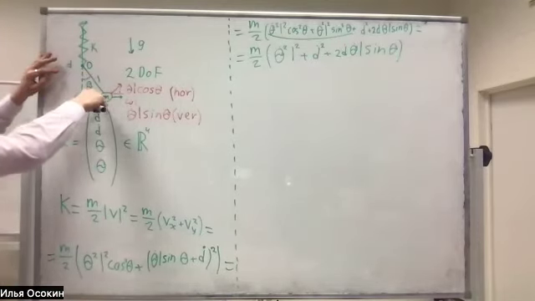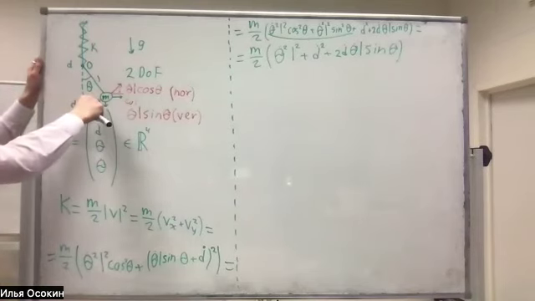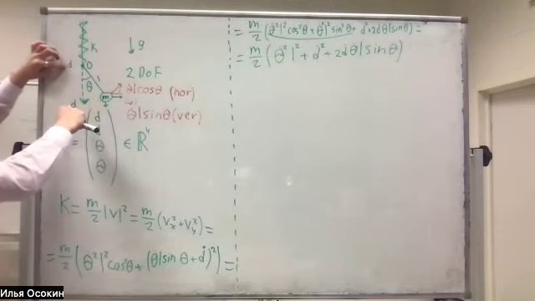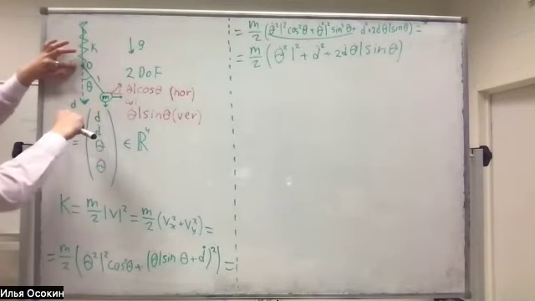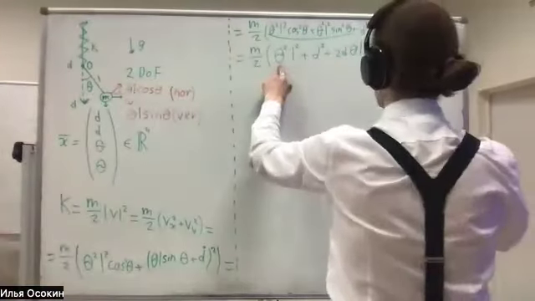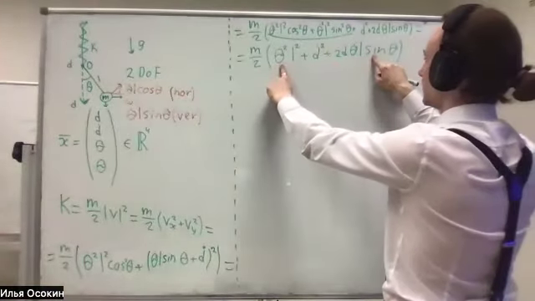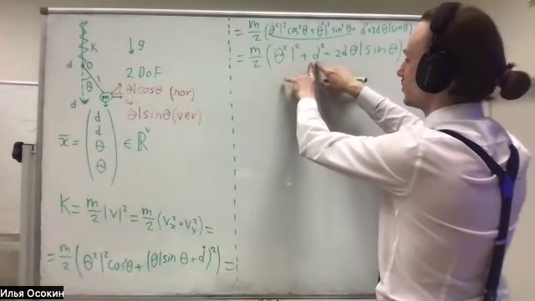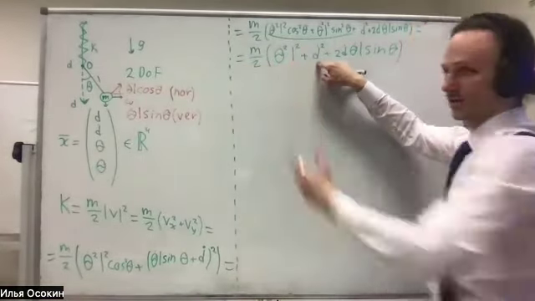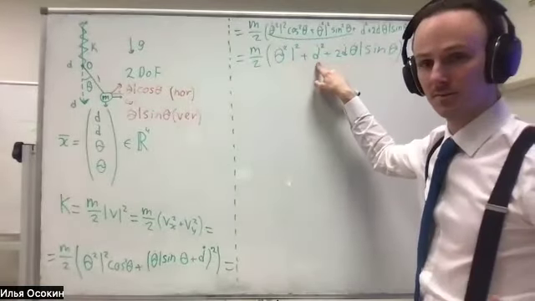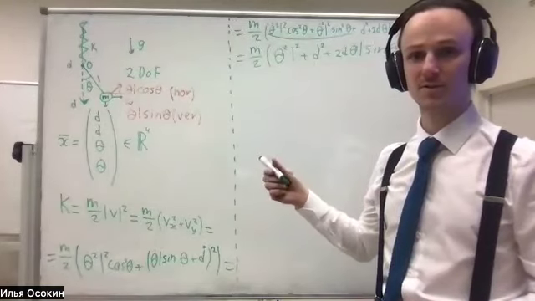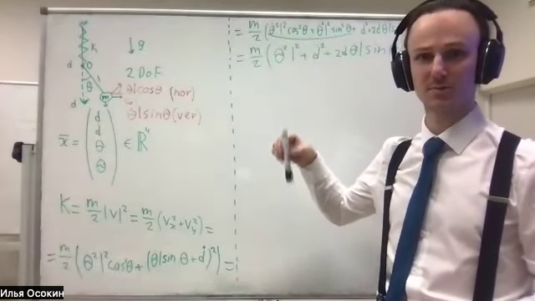So the velocity of the mass is exactly equal to the velocity of this pivot joint. We assume theta dot to be 0, so this is 0, this is 0, and we come to the much simplified case of m over 2 d dot squared. It makes sense. If there's no rotary motion, this whole system boils down to just a mass that is moving up and down.